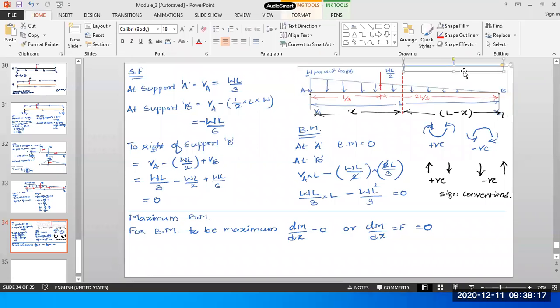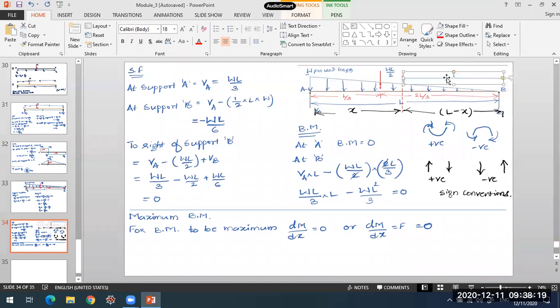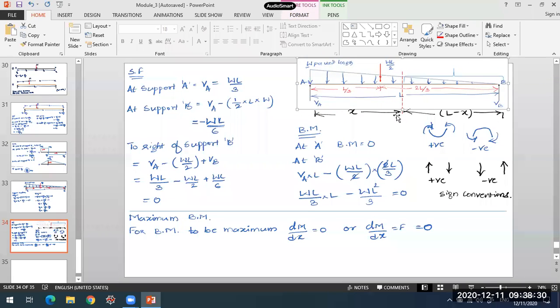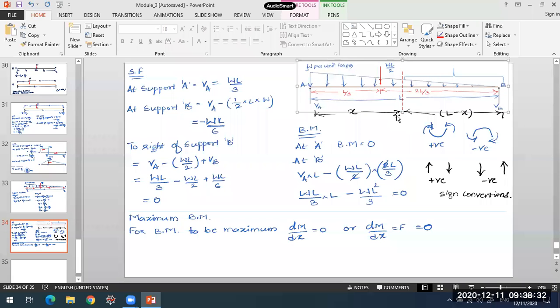That will be more convenient for me to solve this problem. That's why I am taking the right side of the section. Summation of all the forces to the right of the section. Is that fine? Is it clear to you?